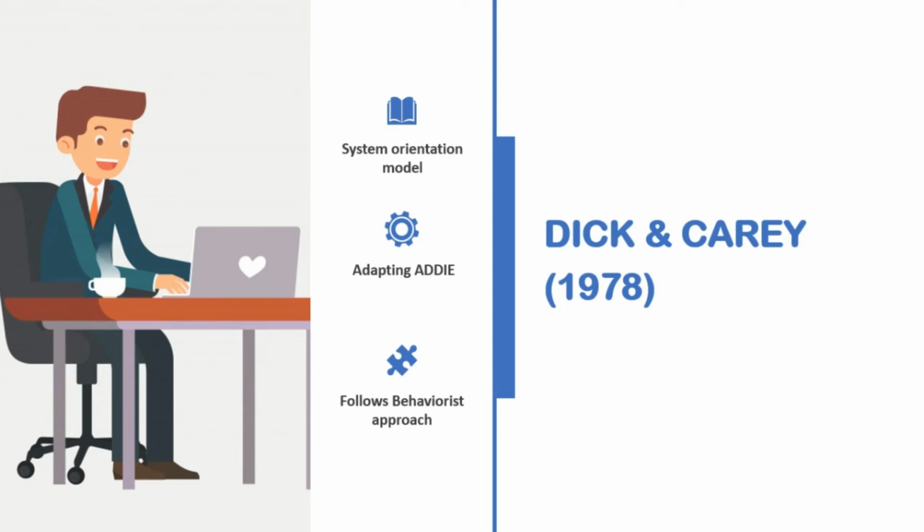The Dick and Carey system is also similar to the ADDIE framework, but much more complex and detailed. The Dick and Carey model also follows a behaviorist approach because it gives a reliable link between the stimulus and response.